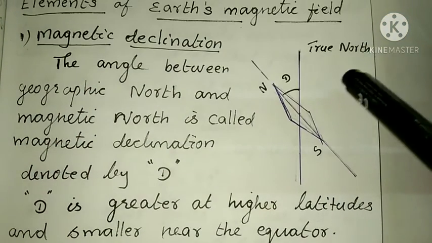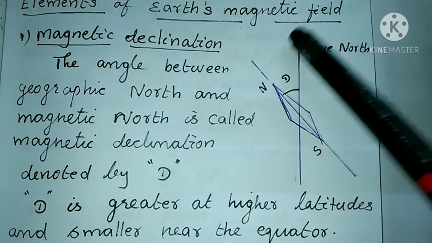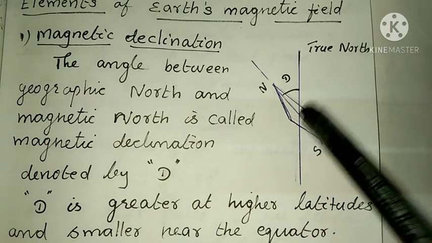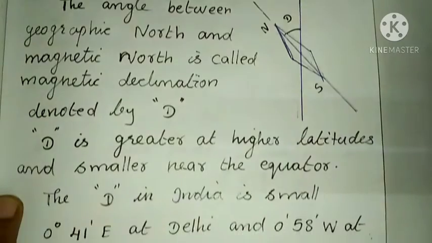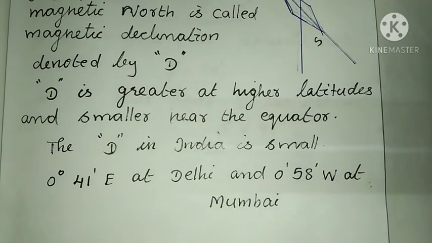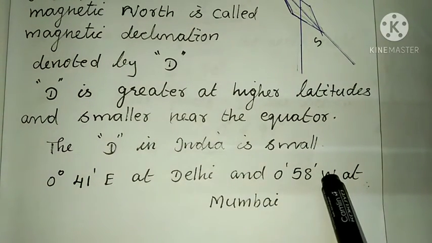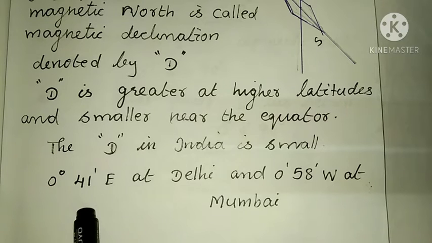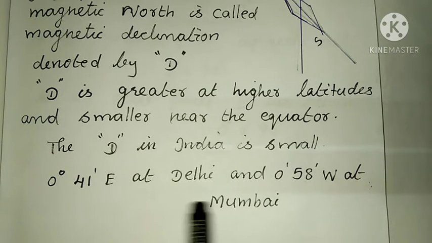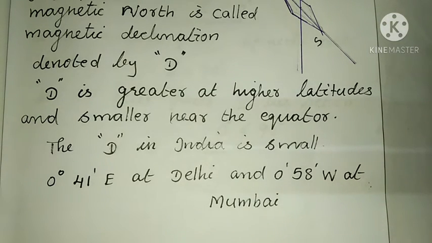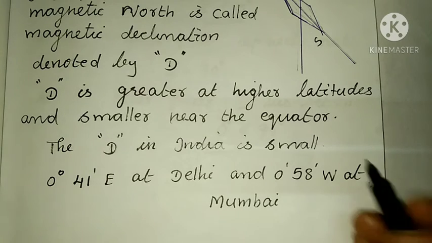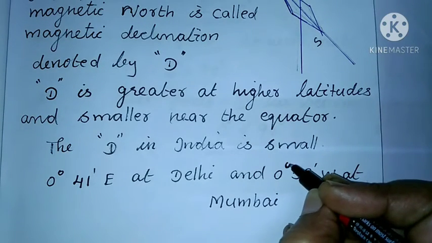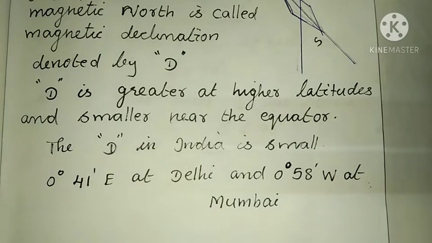The magnetic declination in India is small. That is some 0 degree 41 minutes east at Delhi and 0 degree 58 minutes west at Mumbai. So this is the magnetic declination in India and it is small.